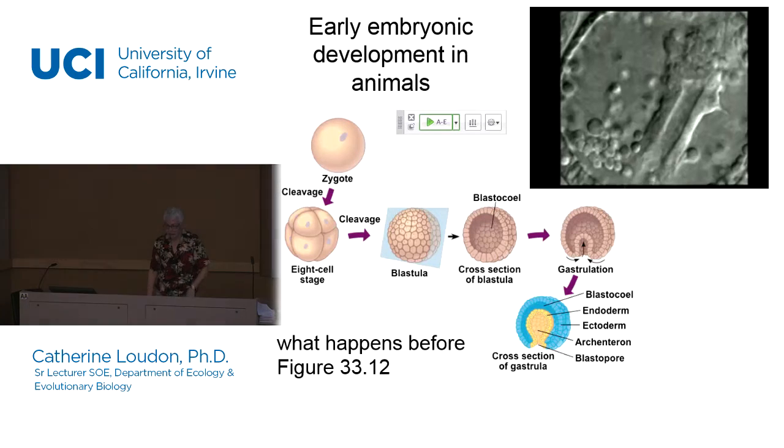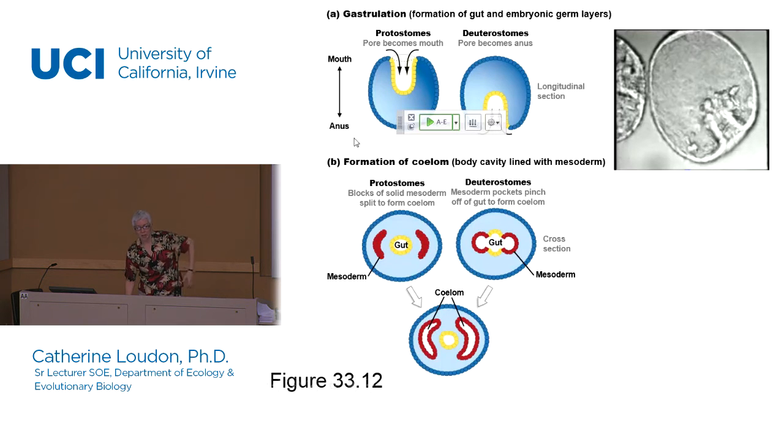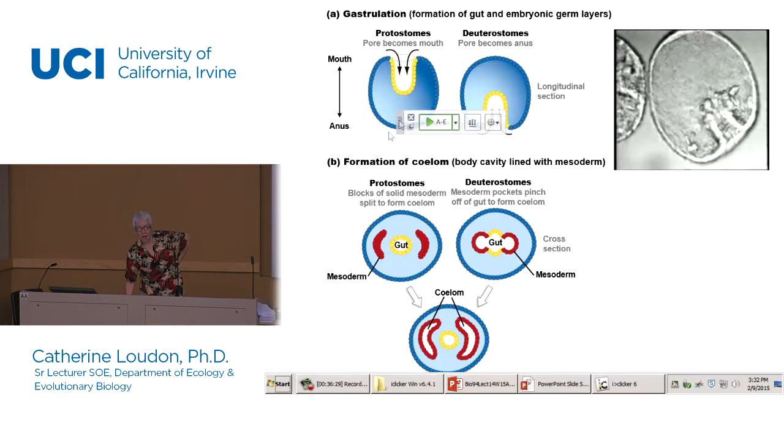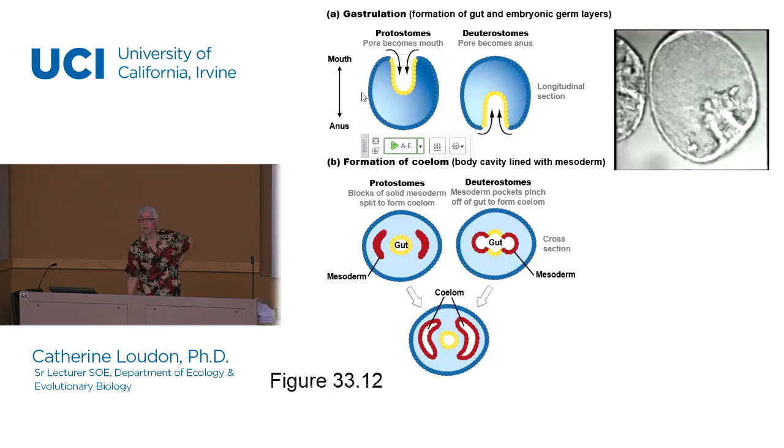Okay, so now we're ready to jump to figure 33.12, because now we know where our blastula and our gastrula came from. Diagrammatically, up here at the top of figure 33.12 is a picture of the gastrula with gastrulation going on here. Again, there's a still from the movie to remind you what the real thing looks like.